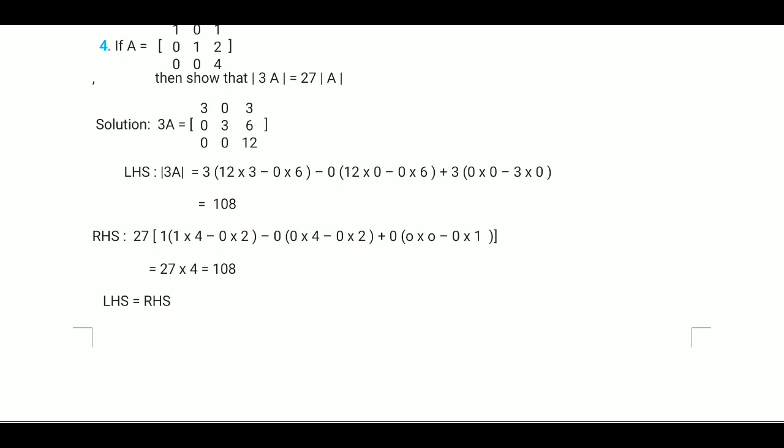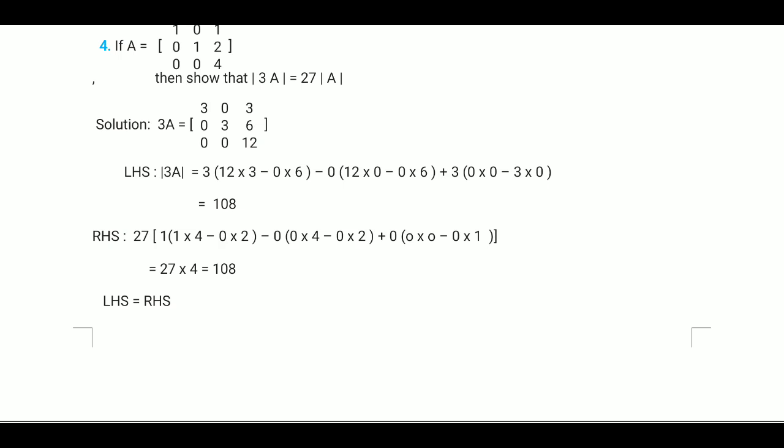Taking the first row, whose elements are 3, 0 and 3, I am taking 3 multiplied by 3 into 12 minus 0 into 6, minus the other element, that is 0 of the first row, multiplied by 12 into 0 minus 0 into 6, plus the third element of the first row, that is 3 into 0 into 0 minus 3 into 0. After calculation we get the value 108.